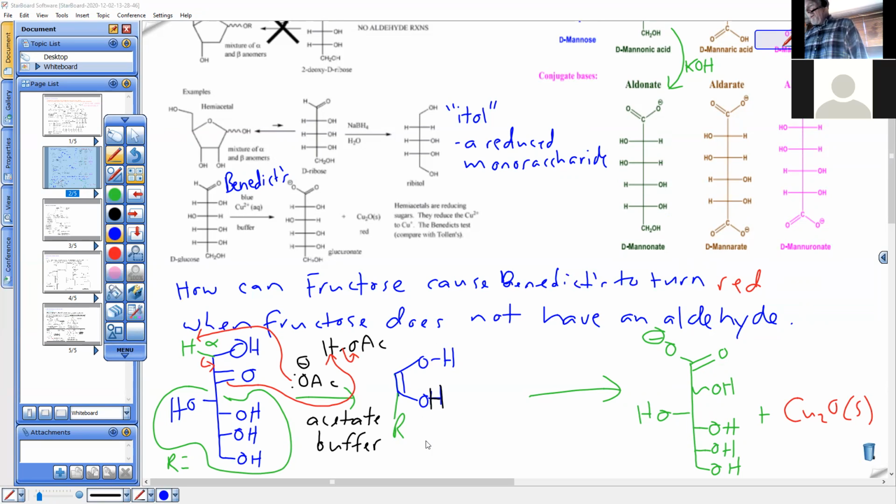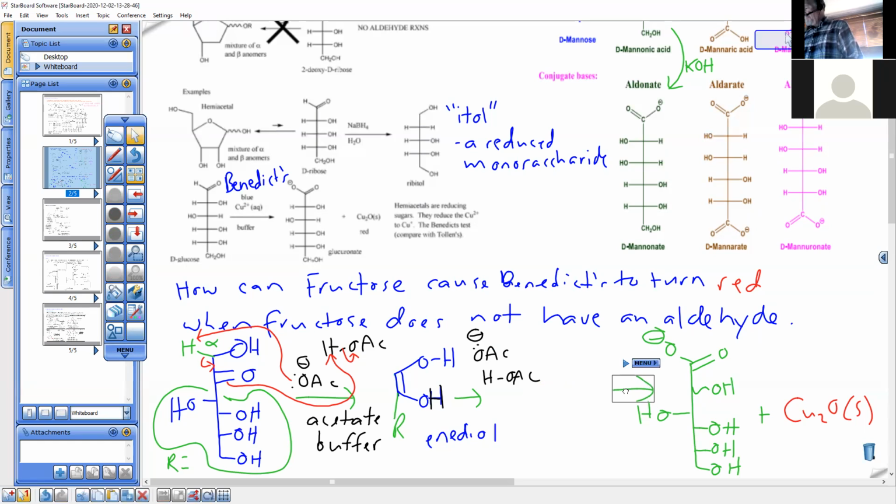It's called an enediol because we made an enol that wasn't there before, and we already had an ol, and it's attached to the ene as well, which means you can do another tautomerization to make an aldehyde using the same combination of chemicals. And I need that arrow to be smaller and moved. And you get an aldehyde.